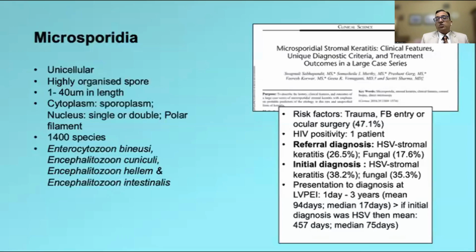And even in their institute, if the initial diagnosis had been made as herpes simplex virus stromal keratitis, then the mean duration to actual correct diagnosis was 94 days, and median was 17 days. So microsporidia keratitis can have a clinical picture that mimics herpes stromal keratitis, and if in the initial scrapes microsporidia is not identified, it can lead to a delay in diagnosis, as in our patient.